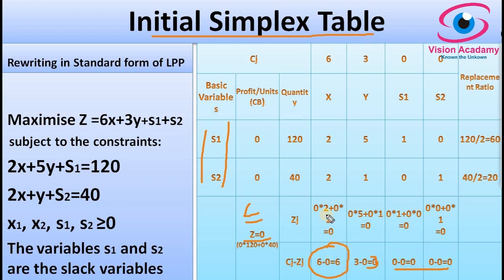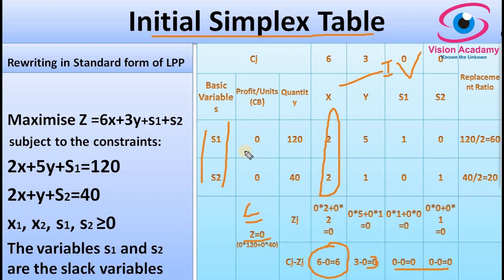Once you found the most positive value, the column corresponding to it becomes the incoming variable to the next iteration. Very importantly, the incoming variable to the next iteration, so I can circle it. Once you found the incoming variable, you have to find the outgoing variable.